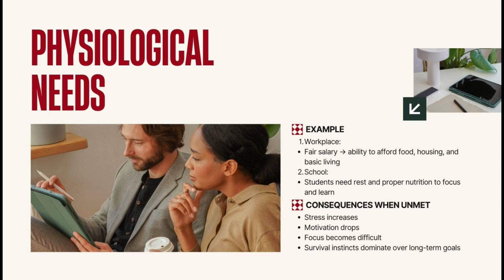A hungry or tired student will find it difficult to concentrate during class. When physiological needs are not met, people may experience stress, low motivation, and difficulty focusing because survival becomes the top priority. That is why physiological needs are considered the foundation of Maslow's hierarchy of needs.